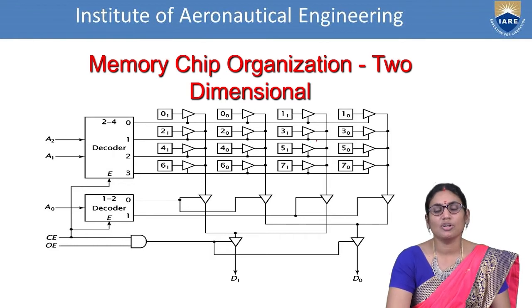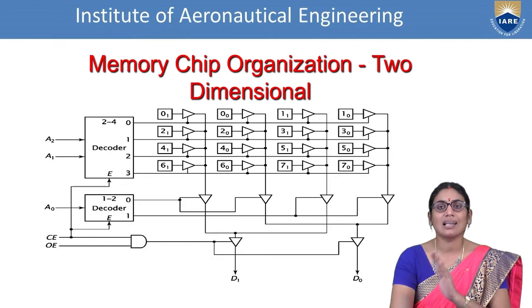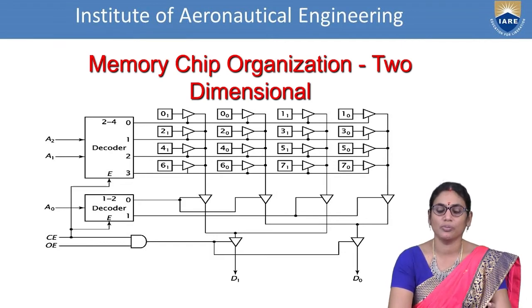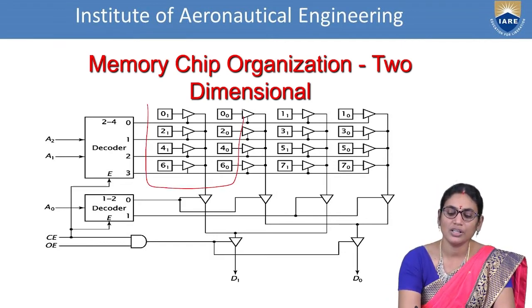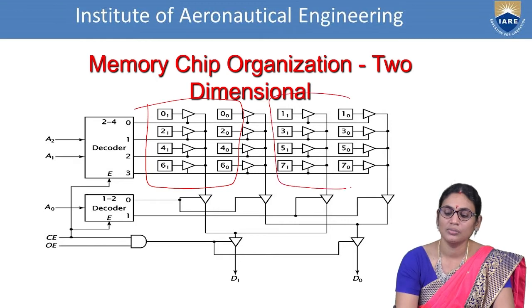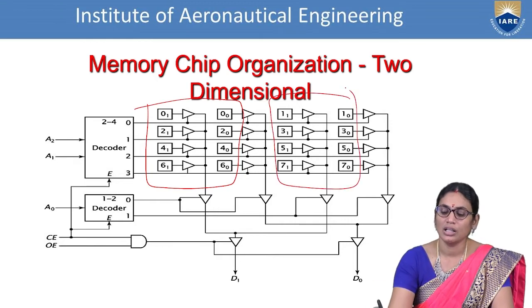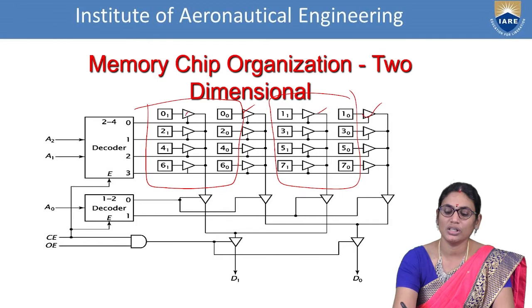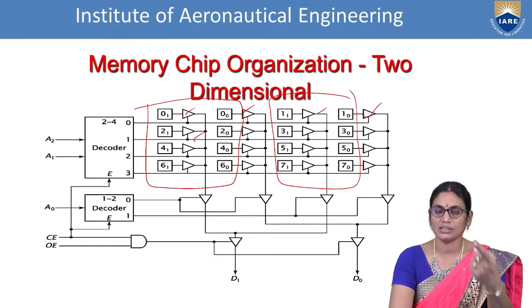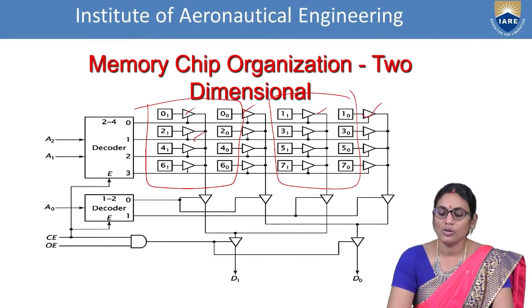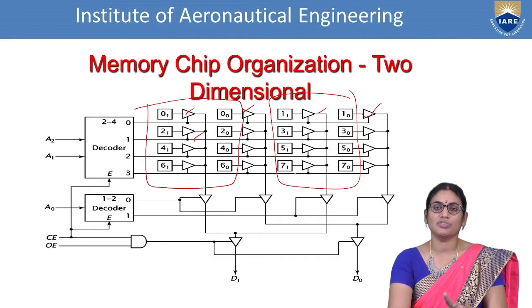In this two-dimensional organization also, we are performing the same thing. But what you are doing is classifying the bits into two different formats: one with the even classification and another with the odd number classification. The buffer operations presented for each and every bit are the same as in the previous one. Now the only thing is the bit variations will be different.